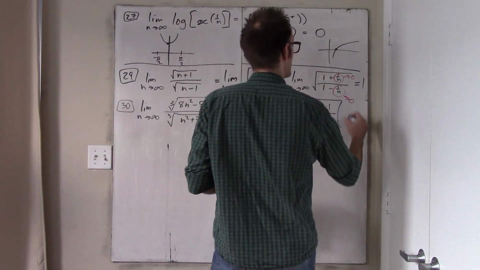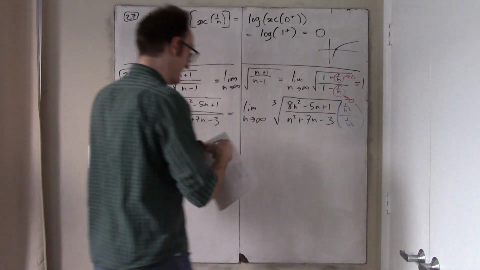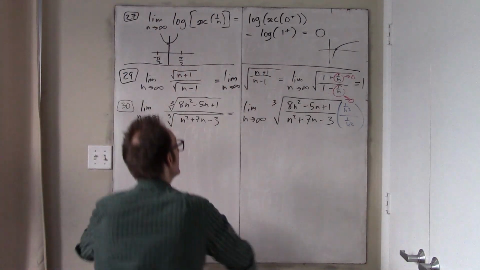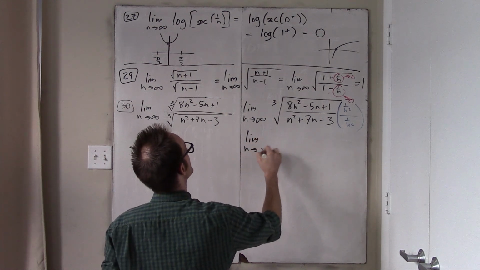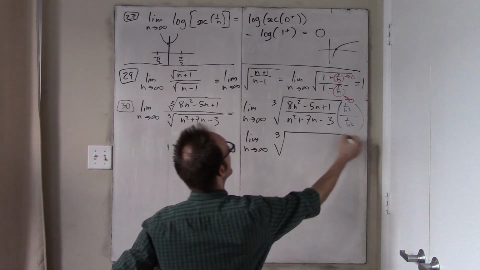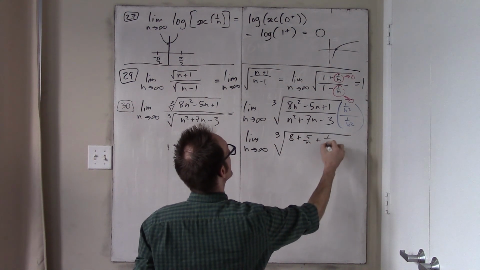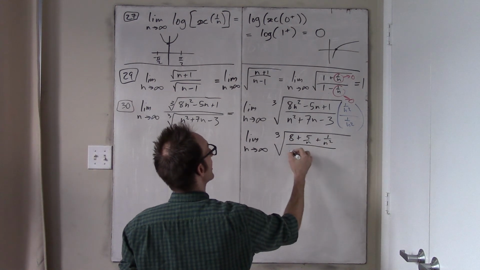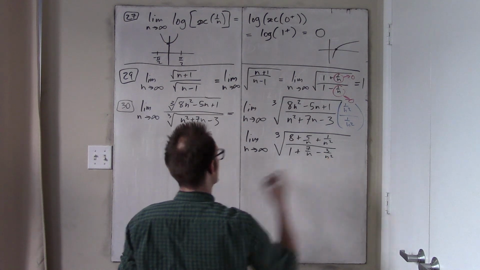And okay, here what I would do is to divide the top and bottom by n squared. And so we get the limit as n goes to infinity of the cube root of 8 plus 5 over n plus 1 over n squared over 1 plus 7 over n minus 3 over n squared.